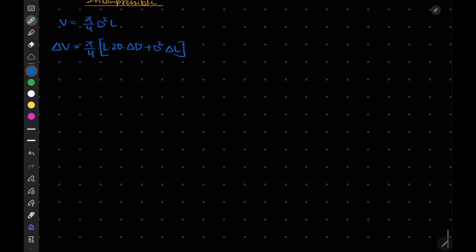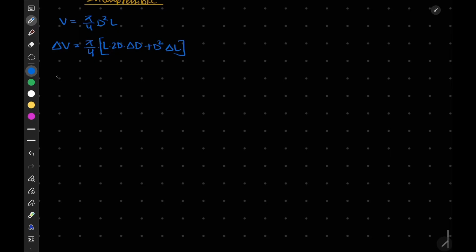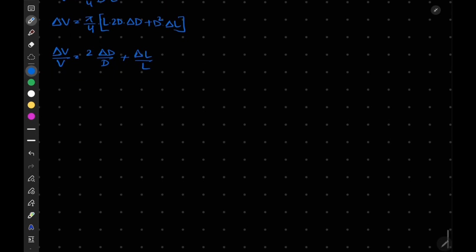Now if I divide both equations, what I can get, delta V upon V is equal to 2 times delta D by D plus delta L by L. This is what we got. So I can write that volumetric strain is equal to twice of your hoop strain plus longitudinal strain.